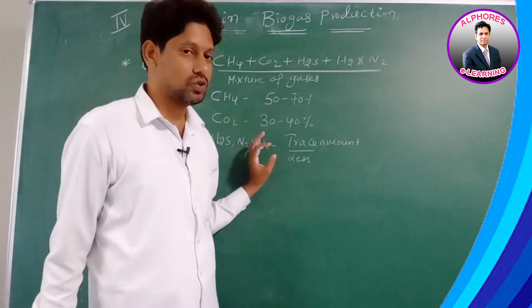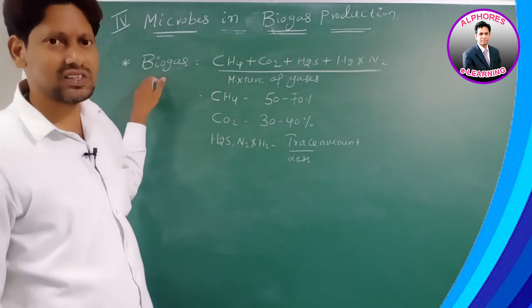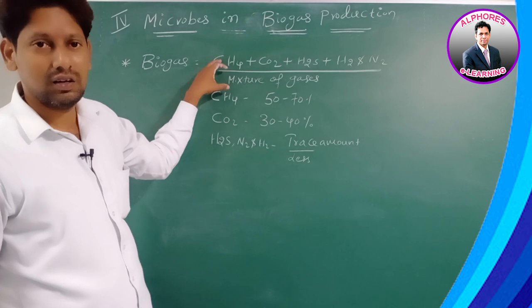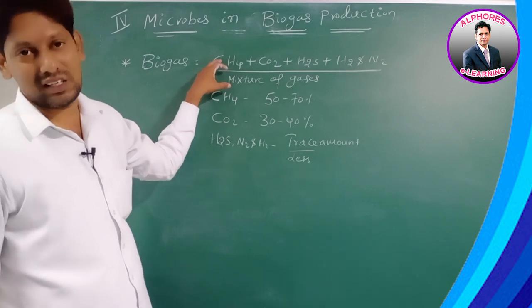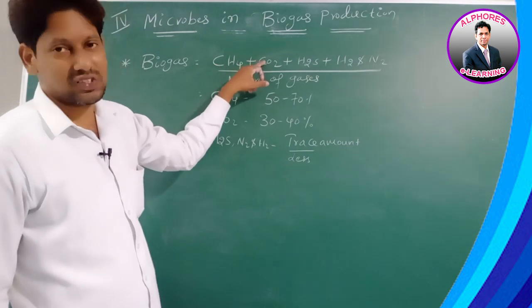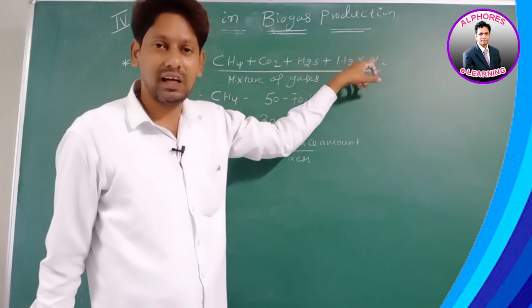Are these statements okay? Therefore, does biogas contain a single gas? No, it's a mixture of gases. Which gases does biogas contain? Methane, carbon dioxide, hydrogen sulfide, hydrogen and nitrogen.